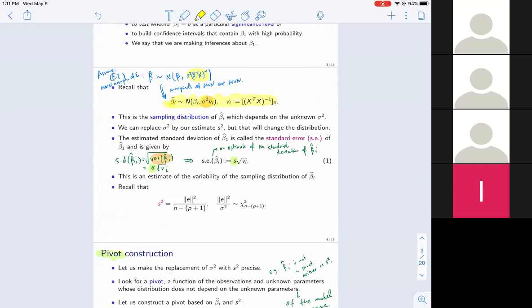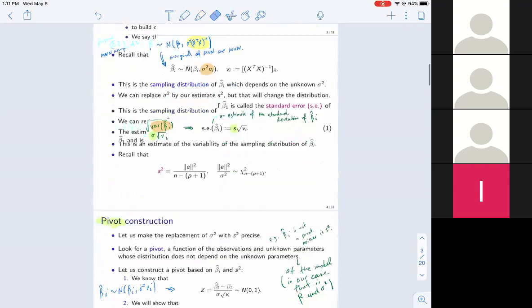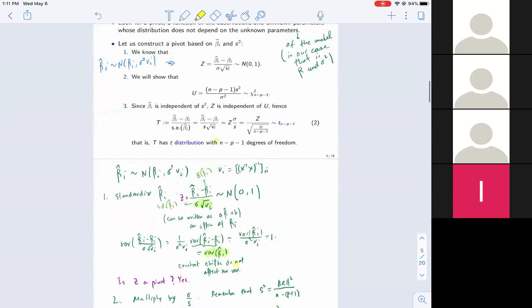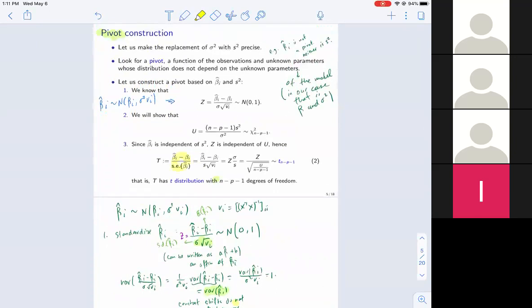And from this we derive the pivot, which is this, and this has a t distribution with n minus p minus 1 degrees of freedom. And because we know the quantiles, we can make this T lie in a certain interval with certain probability.